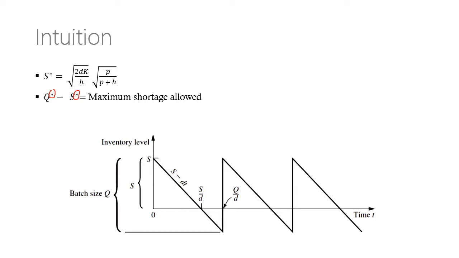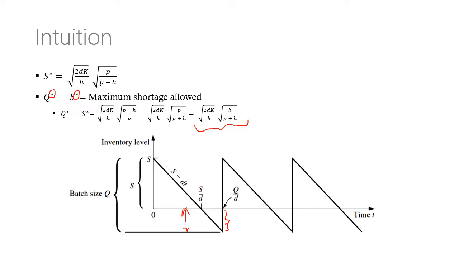On this graph, Q star minus S star, or Q minus S in general, refers to that value which is the maximum number of shortage units allowed in a particular cycle. Hence, if you substitute the values of Q star and S star from the previous video, then we get this as the maximum number of shortage units allowed.